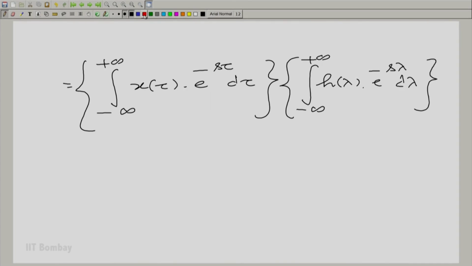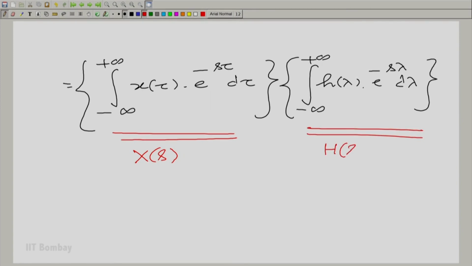and clearly you can see that this is the Laplace transform of small x and this is the Laplace transform of small h with the appropriate regions of convergence.